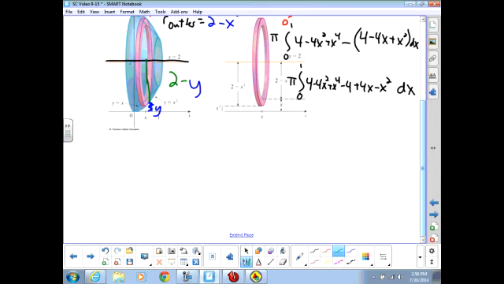Next, we'll just combine our like terms. 4 minus 4, that goes away. We'll have an x to the 4th. Negative 4x squared minus x squared gives us negative 5x squared. And we'll have a plus 4x.